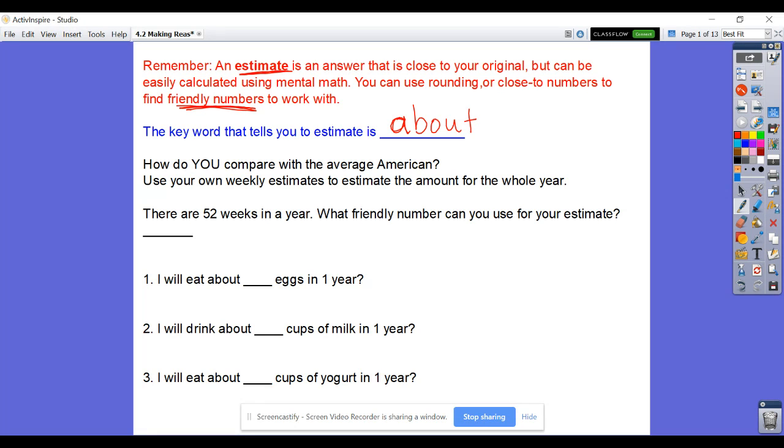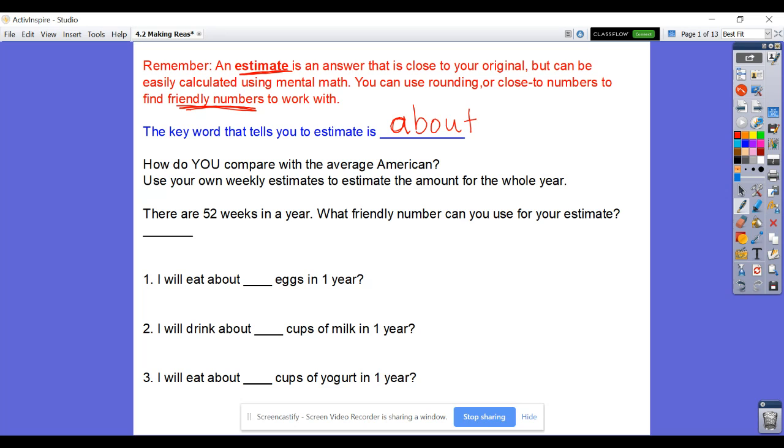That keyword about tells you, yay, I just have to find an estimate. So I always say, when you hear about, estimate, about, estimate, say that 3 times fast. About, estimate, about, estimate, about, estimate.